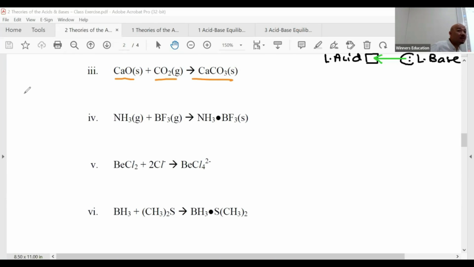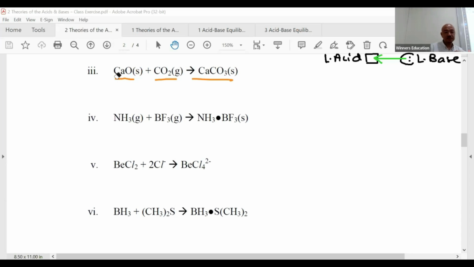For all 3 theories, I will actually write the full equation, i.e., I will look at the product side, because the product side will tell you what happened to the reactant side. Make sense? In terms of reaction mechanism in inorganic chemistry, we are going to borrow organic chemistry reaction mechanism. Here we go.